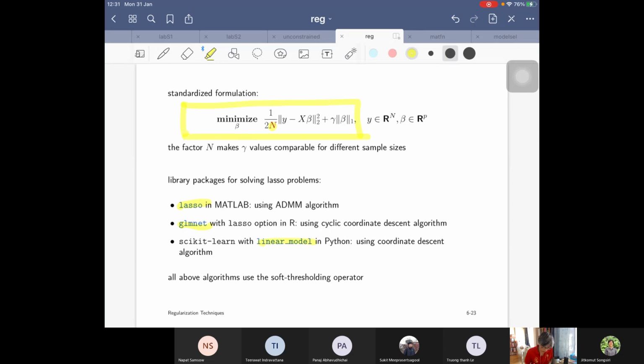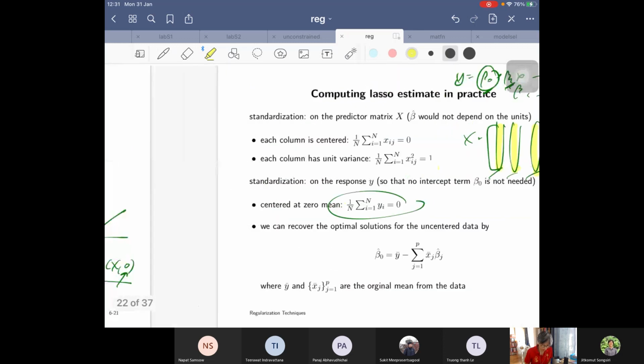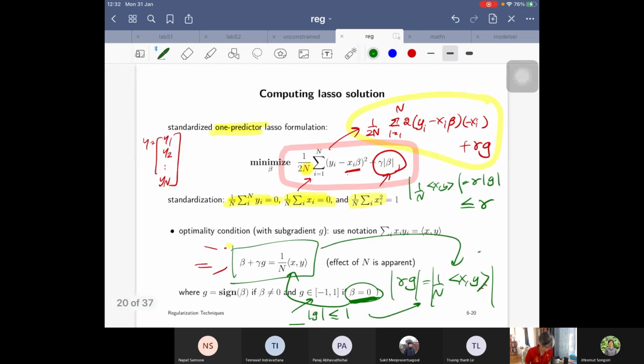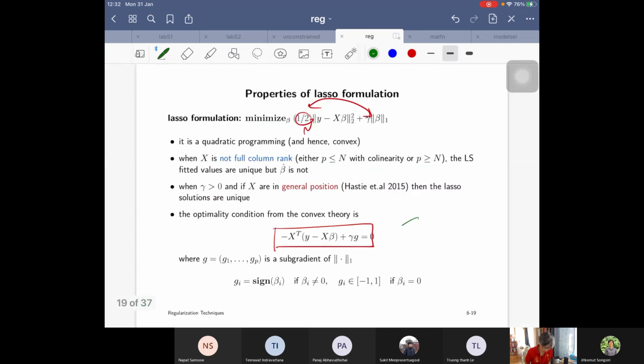All these libraries, in terms of numerical implementation, use different algorithms, but all of the algorithms rely on the soft thresholding operator, which comes into place because of the optimality condition of the Lasso formulation.